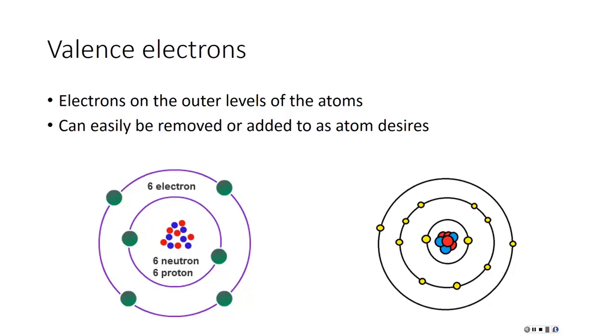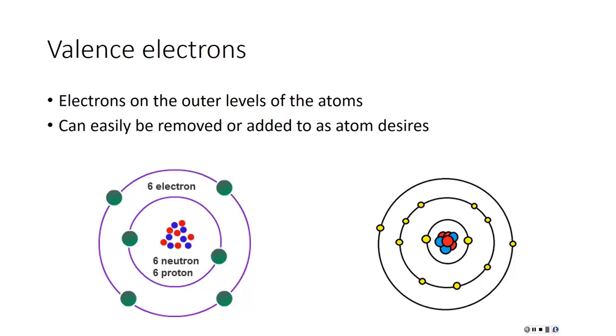Sodium on the periodic table, number 11, has one valence electron. Lithium has one valence electron. Potassium has one valence electron. They all undergo the same type of reactions because that one valence electron is there. They have different numbers of core electrons, protons, neutrons, all these different things, but they undergo similar reactions because they have the same valence electrons.